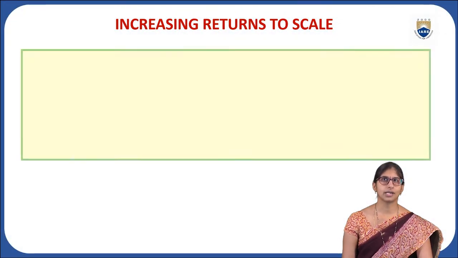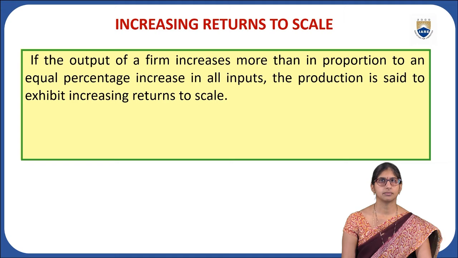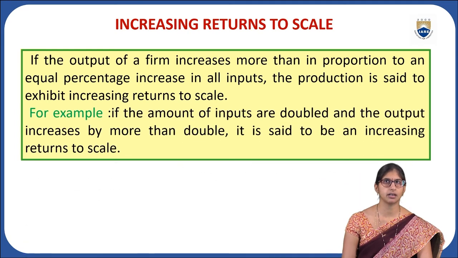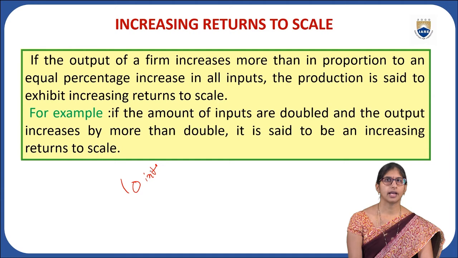Now let's know what increasing returns to scale is. If the output of the firm increases more than proportionately to the equal percentage increase in inputs, the production is said to exhibit increasing returns to scale. For example, if I give 10 units of inputs, I get 10 units of output.